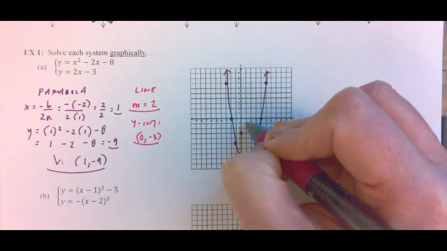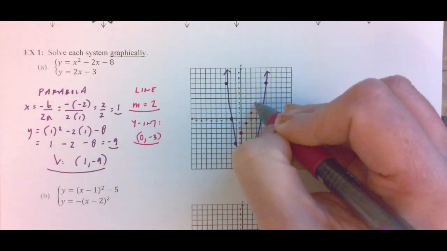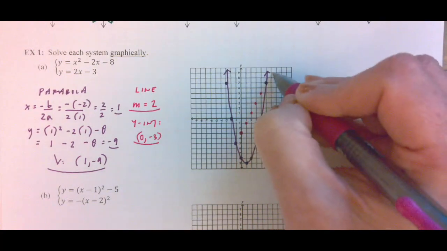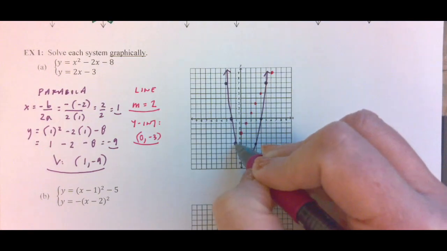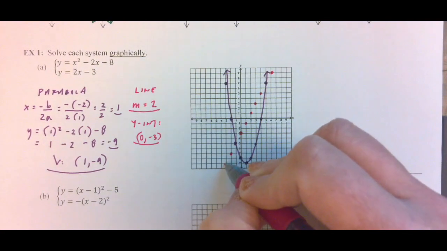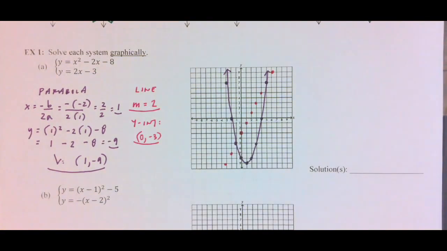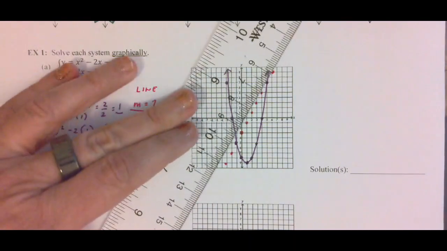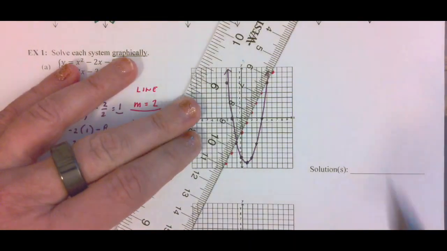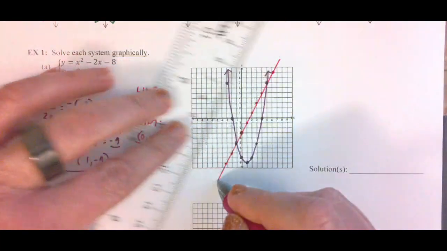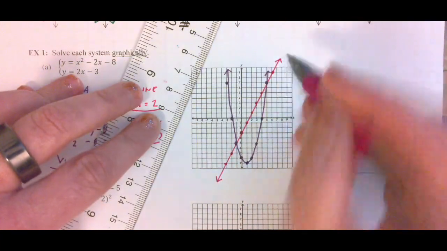So up 2, right 1, giving myself a lot of points, and then going in the opposite direction as well. Okay, so here is my line.